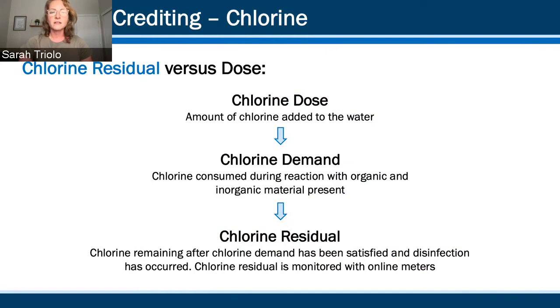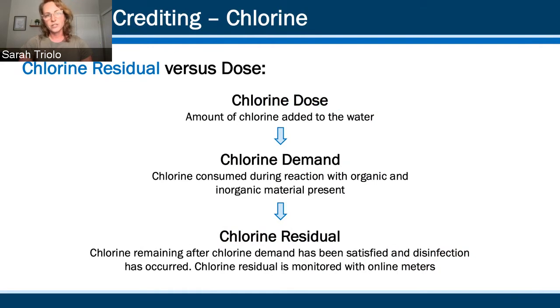Then some of that chlorine is going to be consumed. It's going to react with organic and inorganic material that's present in the water. And so your chlorine concentration is going to go down through your chlorine contactor, and you're going to end up with the chlorine residual at the end of your contactor. That's how much chlorine is remaining after you've already met your chlorine demand.